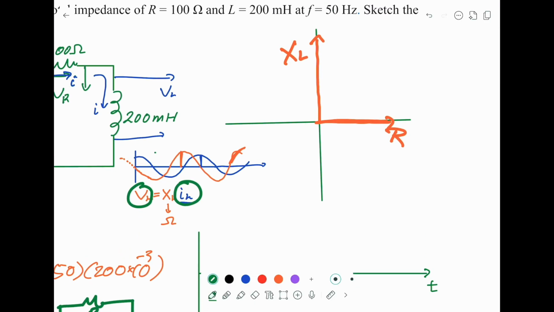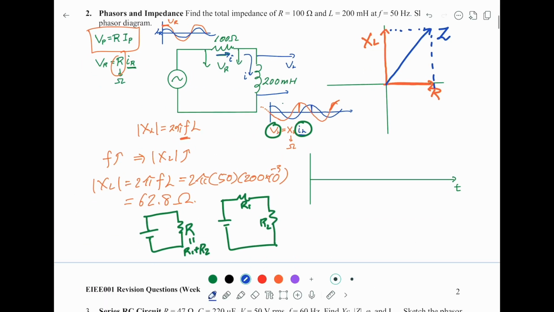So you can think of this like vectors. When you have to add two vectors, you have to use the rule of vector addition. So to add the two vectors, this one is here, and this time we call it Z. We call this the complex impedance. It's just like adding two resistors, but this time one is 90 degrees ahead of the other one. And of course, we can do some calculation.